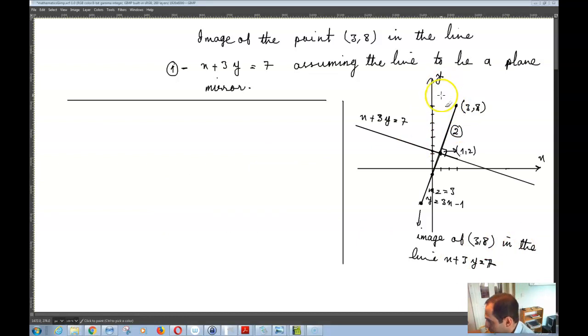So what I want to do now is find the distance between these 2 points, (3, 8) and (1, 2).